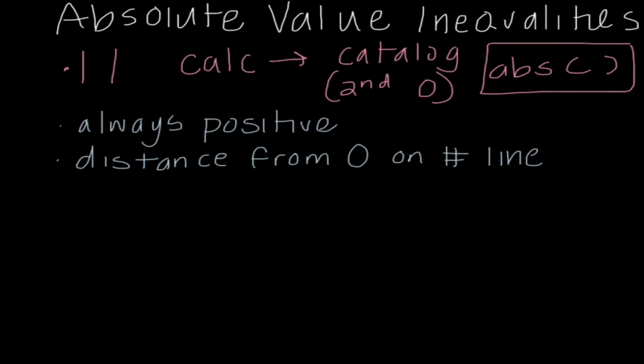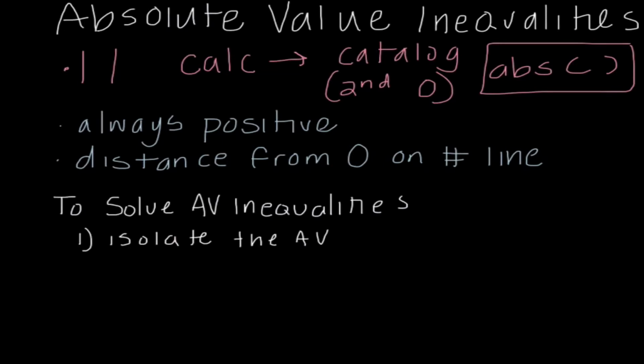To solve absolute value inequalities, there are really 5 different steps that we're going to be taking in order to find out what all of our solutions are. The very first step we're always going to take is to isolate the absolute value.